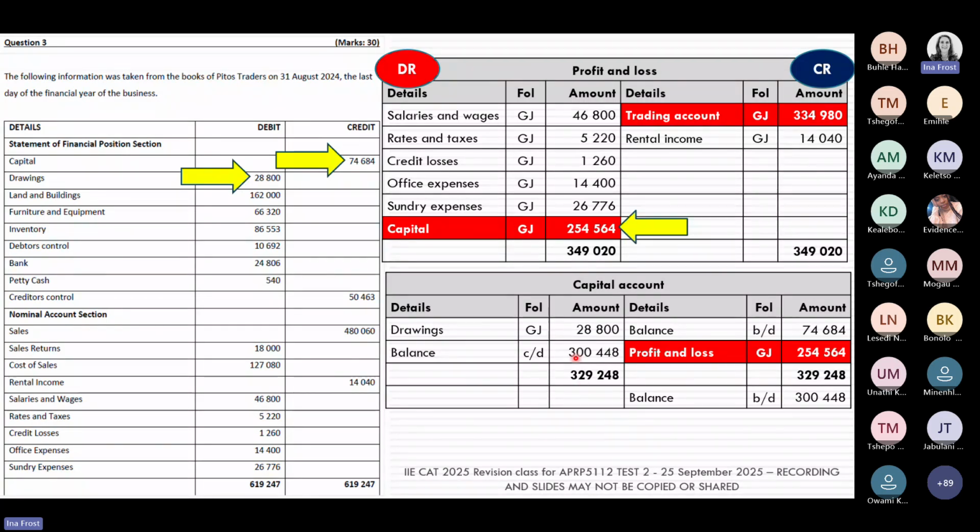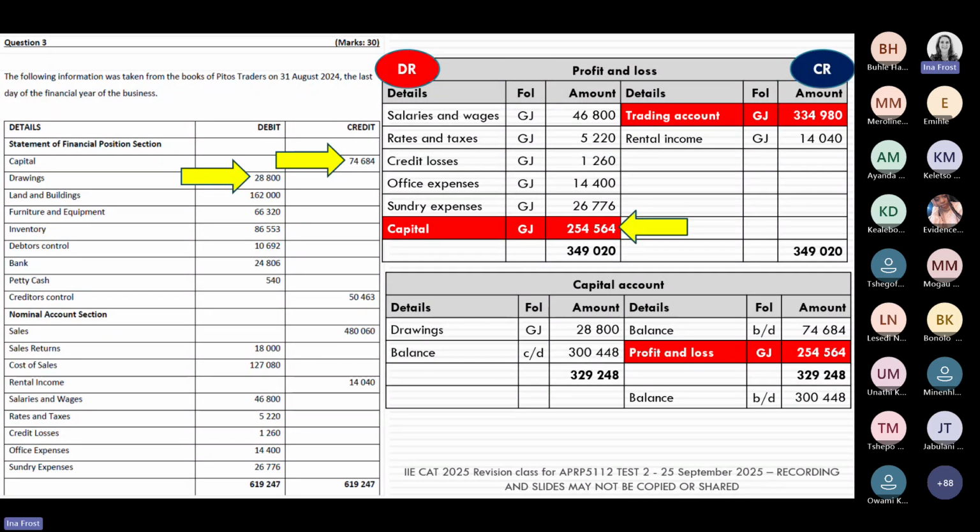And don't forget to balance your accounts nicely. That means you must show us balance carried down and balance brought down, because we need to see both of these balances if your question says balance the account properly.